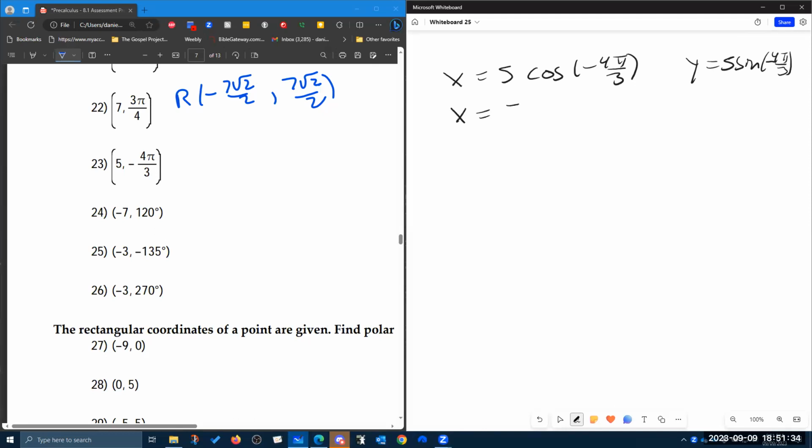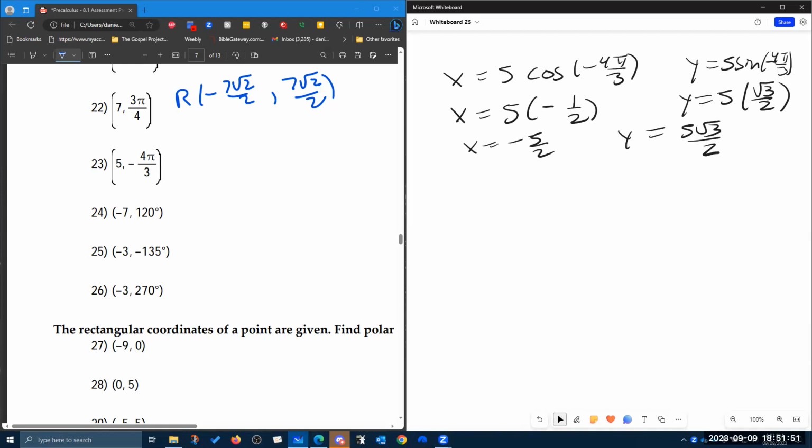X is equal to 5 times a negative 1/2. Y is 5 times root 3 over 2. X is a negative 5/2, and y is 5 root 3 over 2.